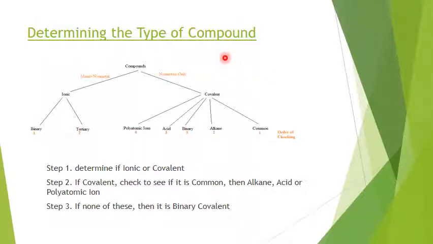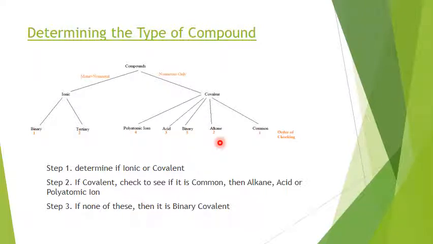All right, one more. Let's say I have SO2, and I want to know its name. First I see if the S is a metal or nonmetal. S is not in the first column, the second column, or one of those 6, so it's got to be covalent, one of these 5. First I check if it's common. SO2 is not one of my 5. Is it an alkane?